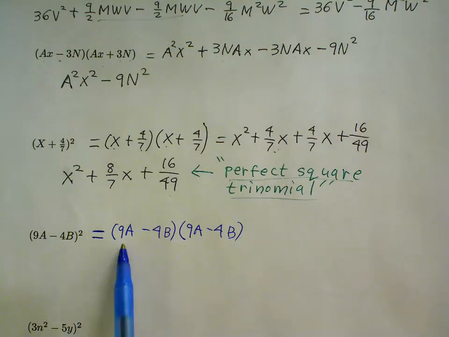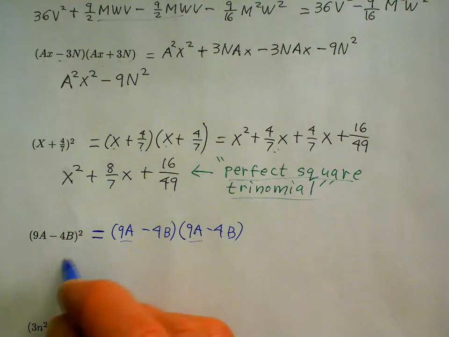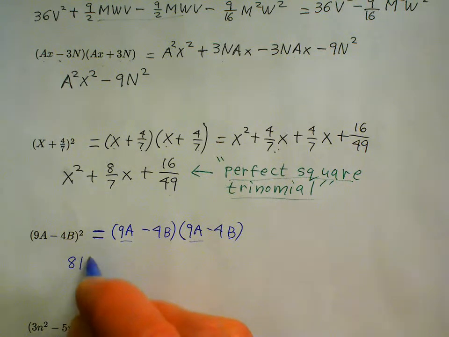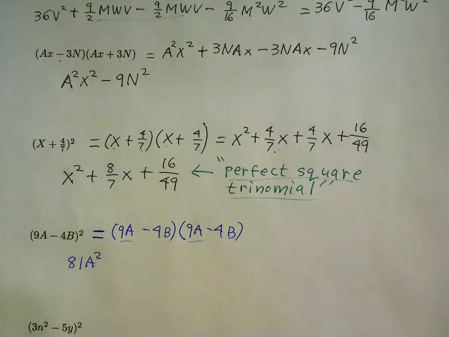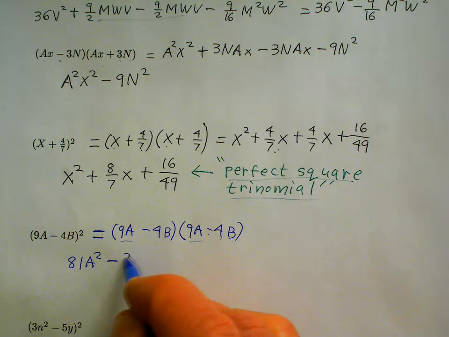Okay, then 9a times 9a is 81a to the second. Then we're going to subtract 9a times 4b, so we subtract 36ab.